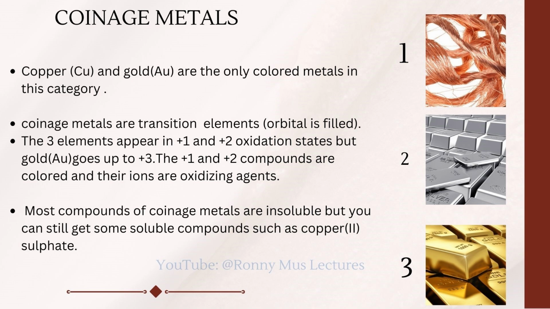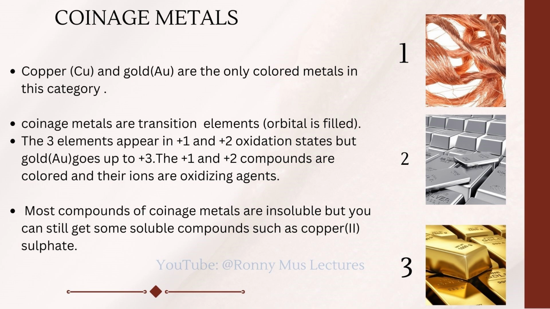Those three elements appear in +1 and +2 oxidation states, but when you look at gold, it can go up to +3. So the +1 and +2 compounds are actually colored, and their ions are oxidizing agents.